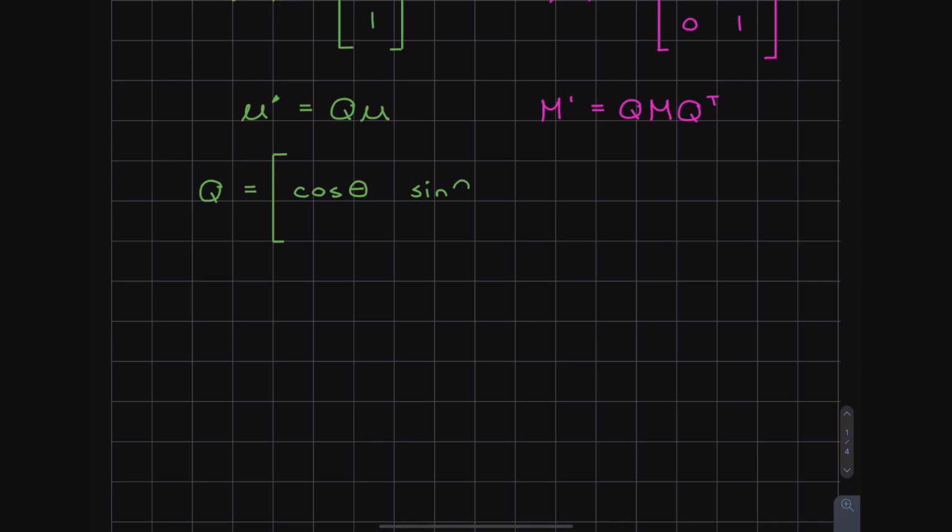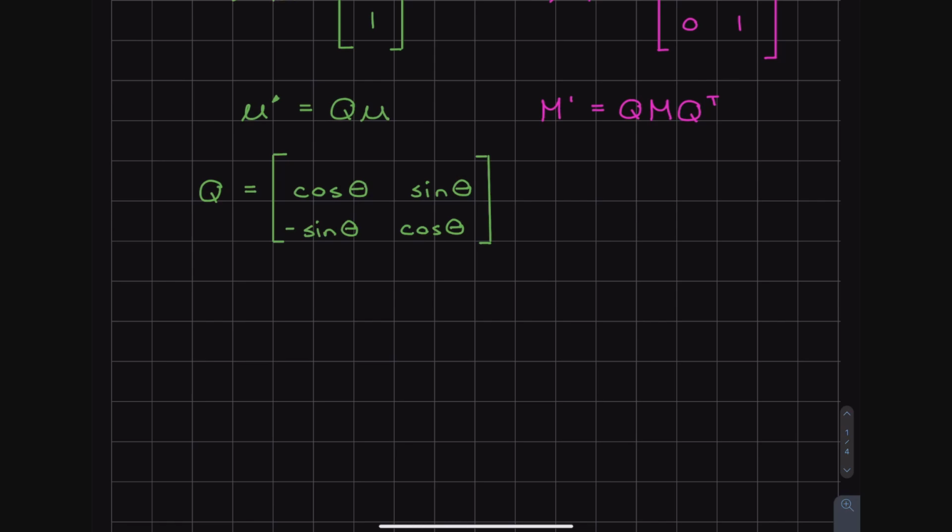On the bottom, we have negative sine theta, and then cosine theta. Again, it's important to recognize this is for a counterclockwise rotation. If this was a clockwise rotation, it is not the same. It changes depending on whether it's counterclockwise or clockwise, but you'll find that out in the assignment. What I recommend is in the midterm, just bring in a Q for clockwise and a Q for counterclockwise. You'll be good to go.